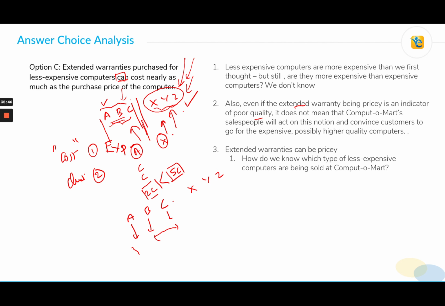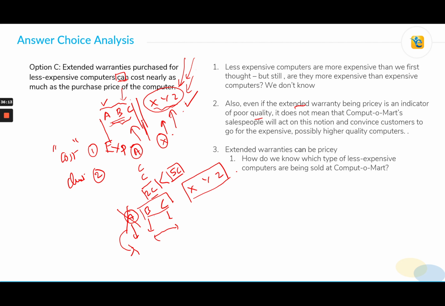For all you know, only the advanced models, or models B and C, are being sold. A, the computer where the extended warranty actually adds a significant cost, may not even be sold in Comput-o-mart. So you're not even sure whether the entire logic of the extended warranty will definitely apply to Comput-o-mart. That's another red flag for you.